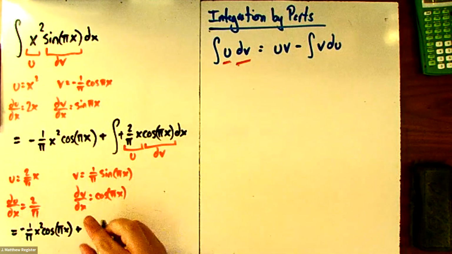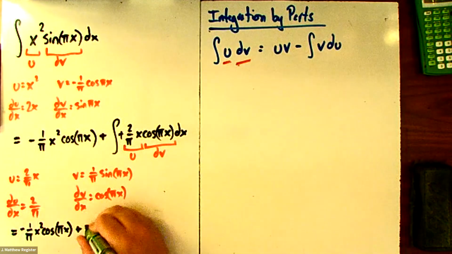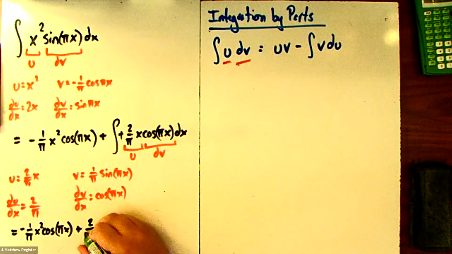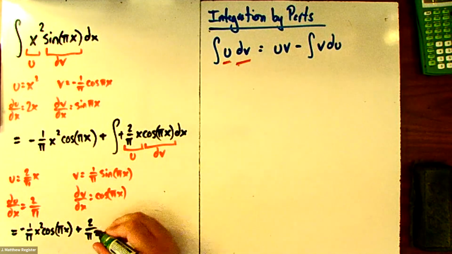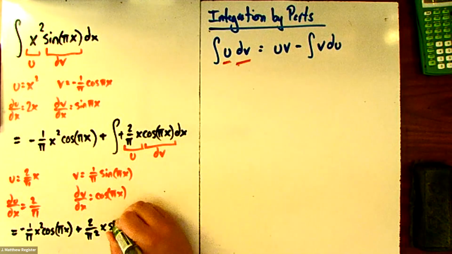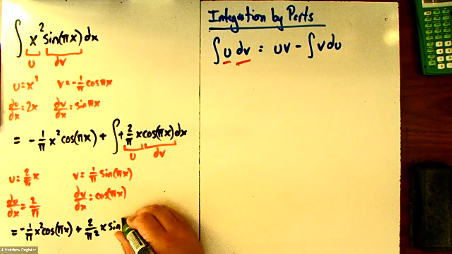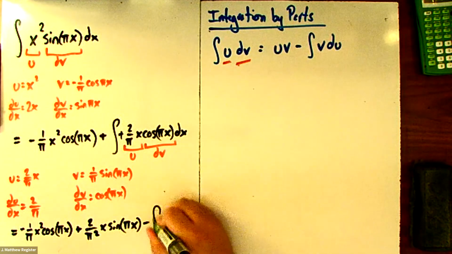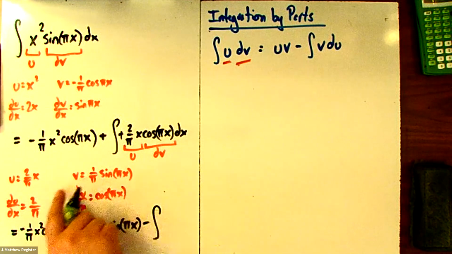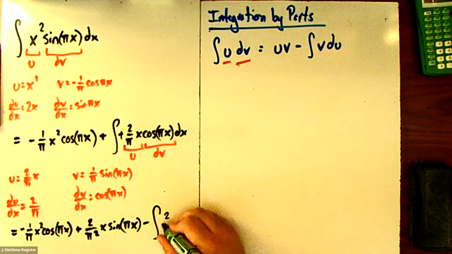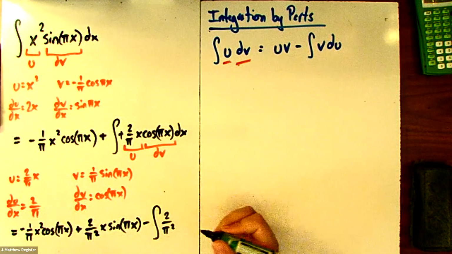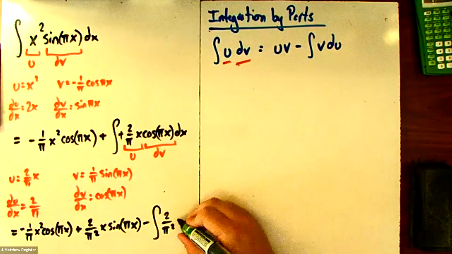U times v would give a 2 over pi squared x sine of pi x minus the integral of v du, which is 2 over pi squared sine of pi x.